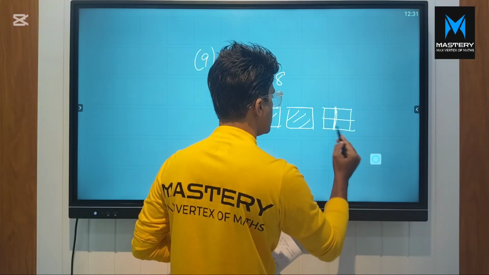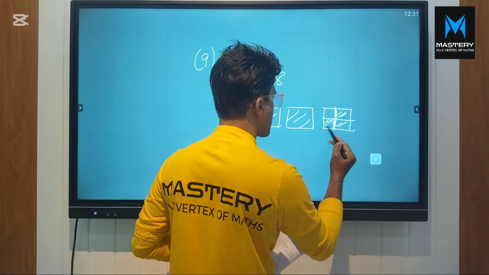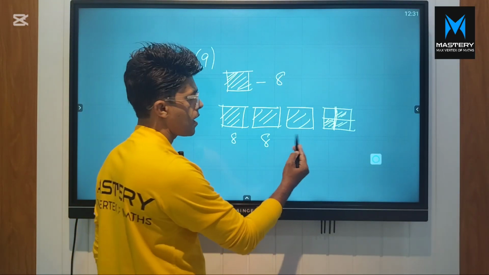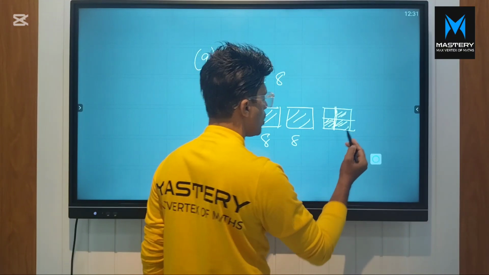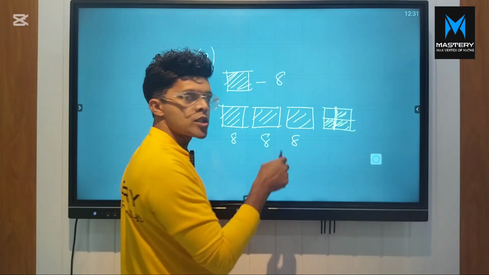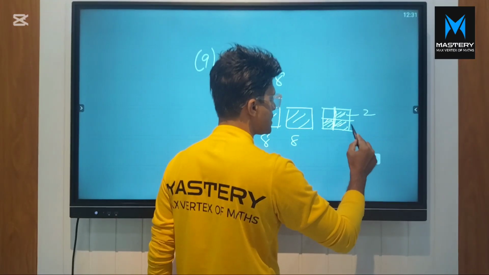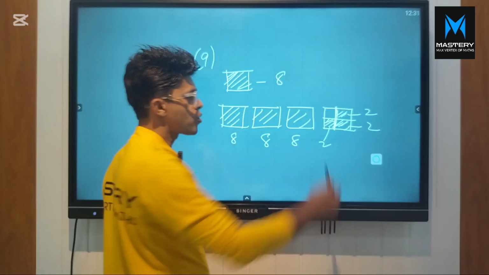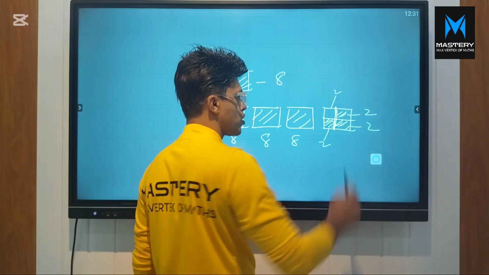These 3 segments are colored. This part is 8, this part is 8, this part is 8. Then this whole segment is 8. So in this 1 square, we could realize that this is 2, this is 2, this is 2. Okay, this whole segment is 8. This one also 2.